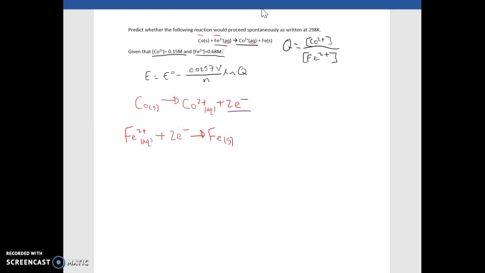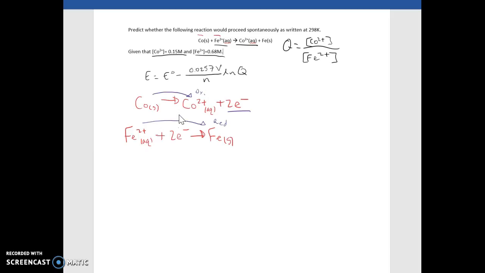And then, as we can see here, our cobalt is being oxidized because it's losing electrons. And our iron here is being reduced because it is gaining electrons.